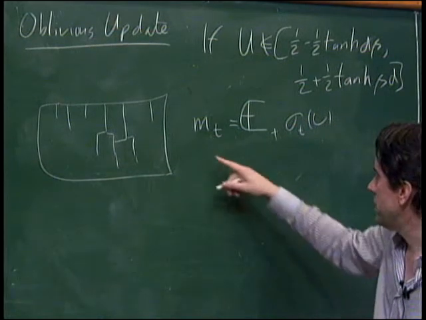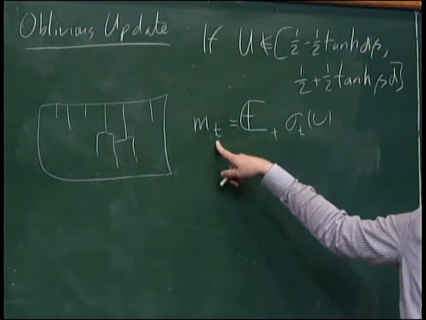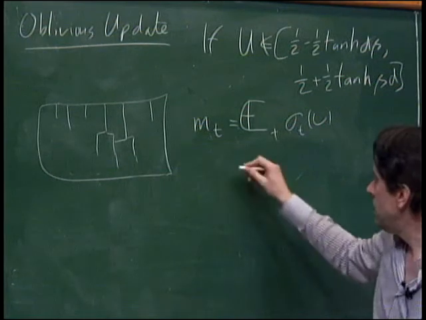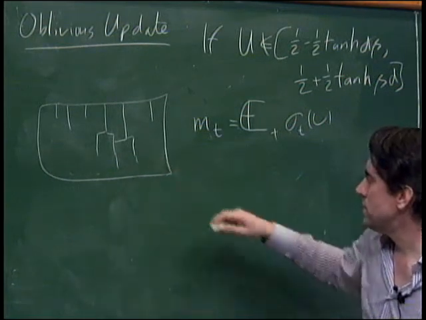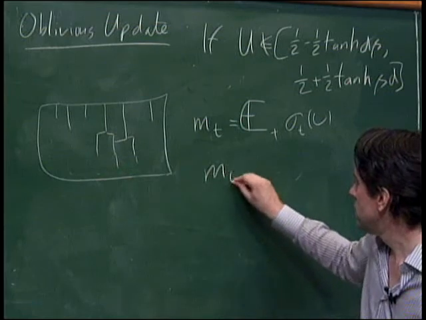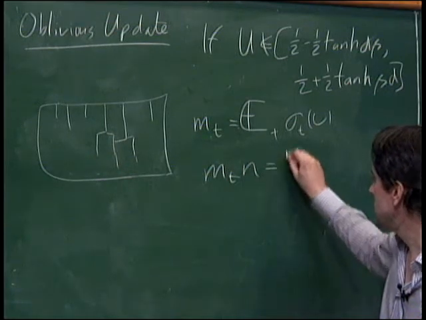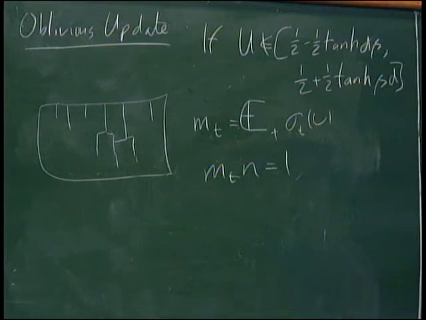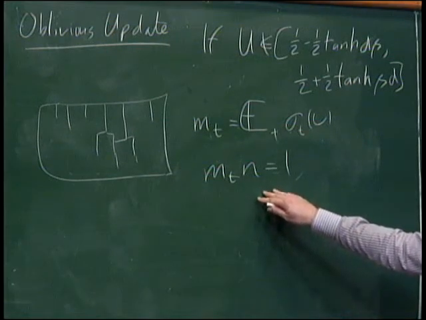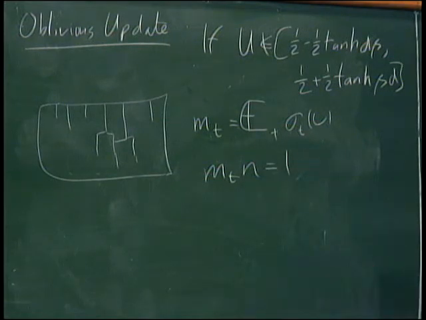Then first of all, this is going to decay exponentially in time. The point at which things couple will be the point at which m_t times n is equal to 1, or the magnetization of the vertex is about 1 on n. But this is actually going to give us twice the mixing time.